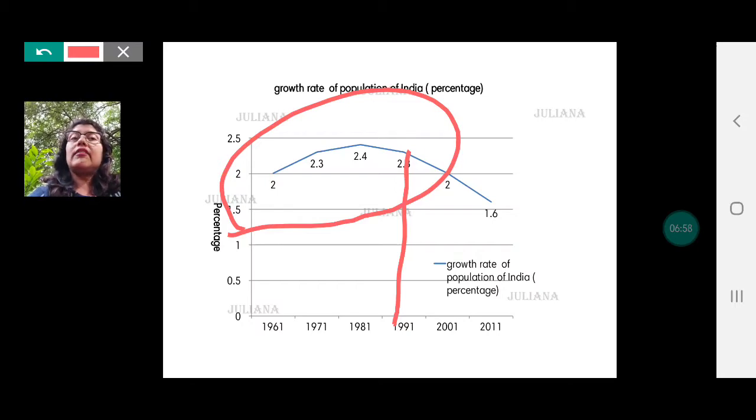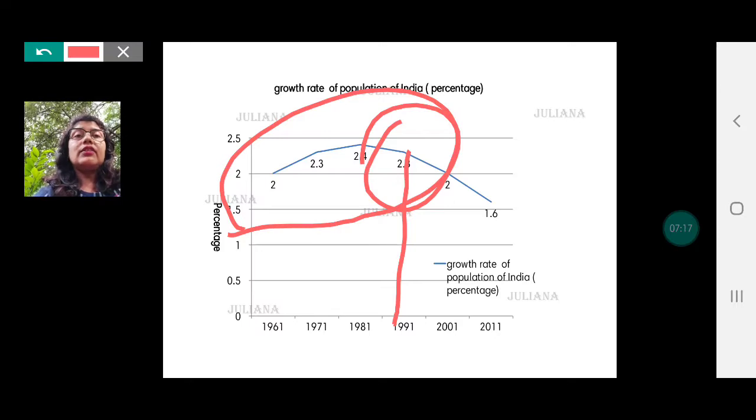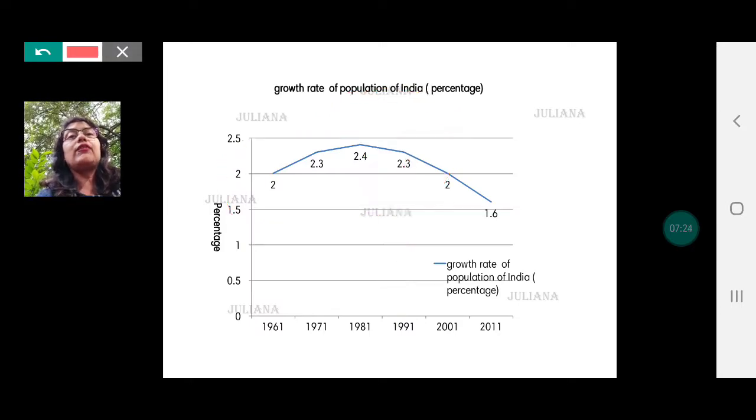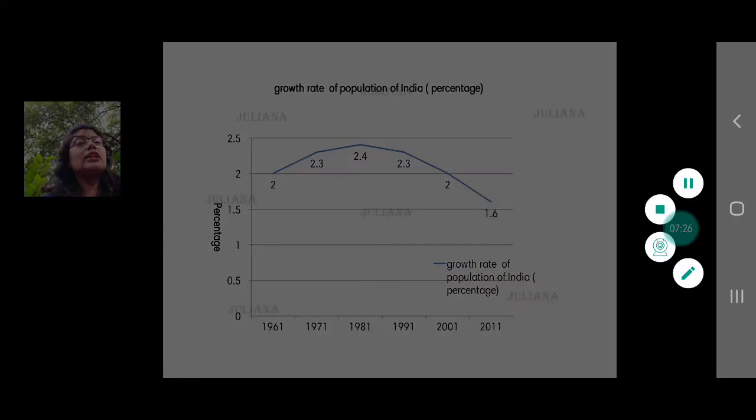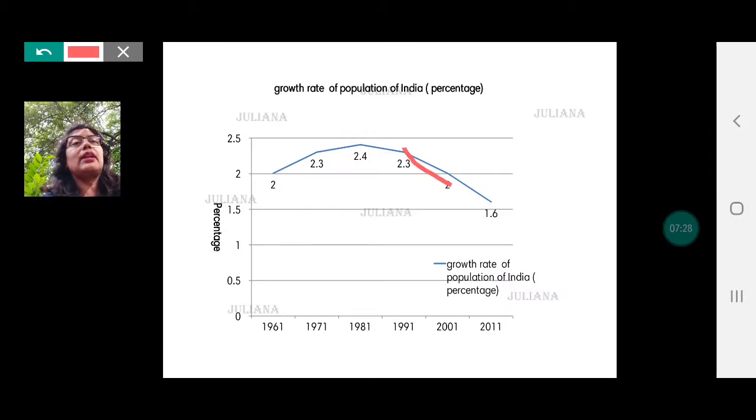This is where the government had to intervene. Government had to take measures to see that the growth rate does not increase much. And because of the efforts of the government somewhere in 1985 onwards or 1990s, the government took initiative to check that the population growth rate does not increase much, and therefore after that the population growth rate has been on a decline.